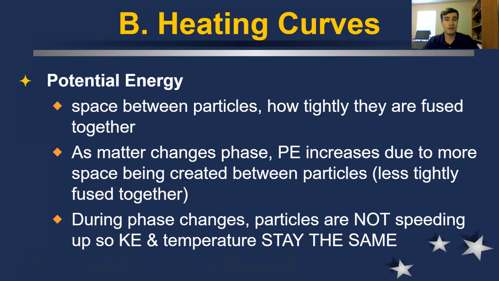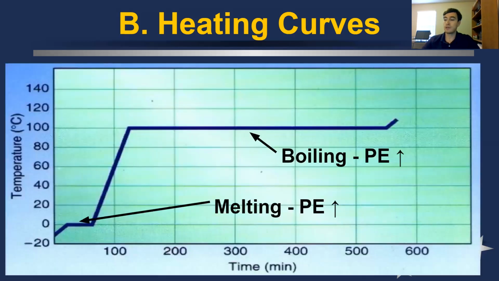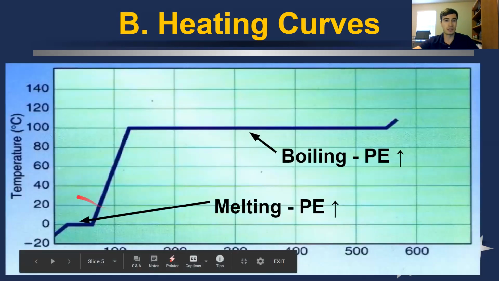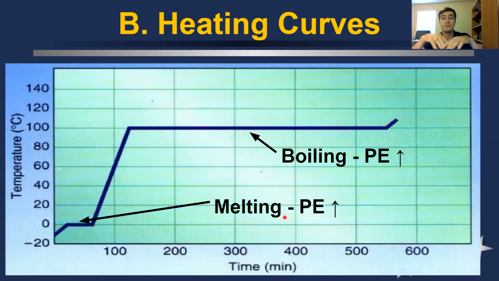So that's why those flat parts of the heating curve look the way that they do. We're not getting any hotter in this area. Instead, what we're doing is melting and going from a solid block of ice to liquid water.